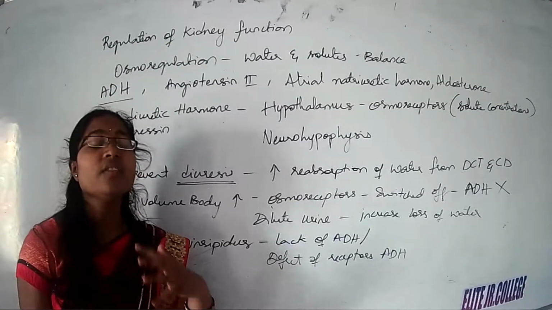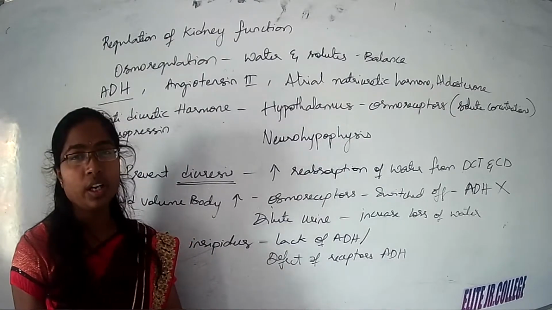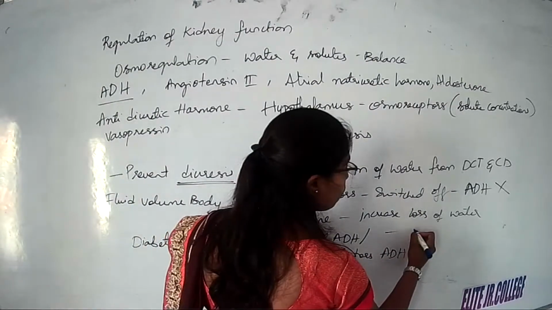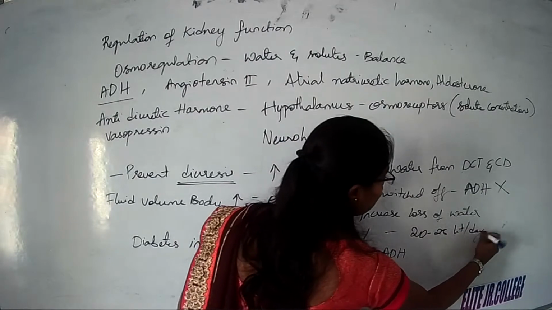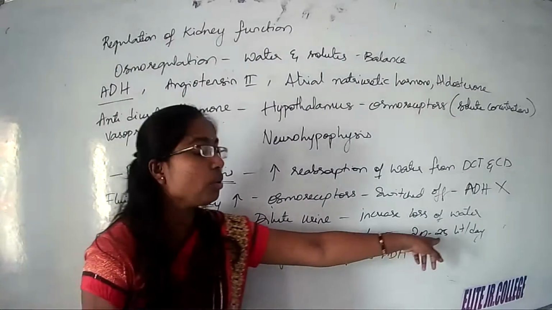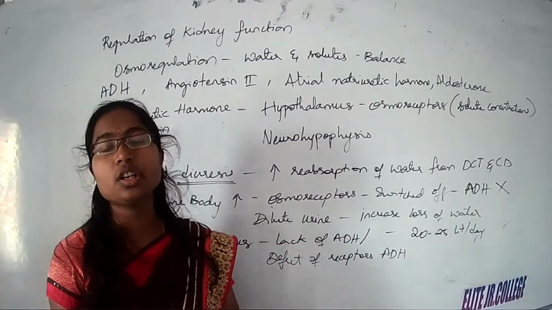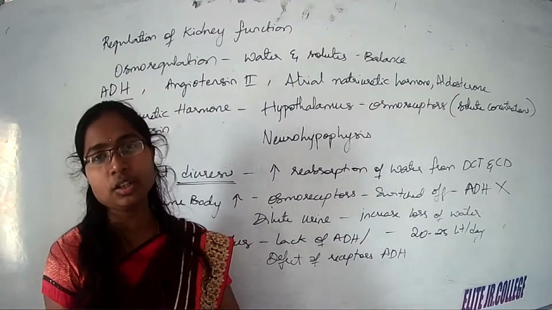In that person, there is increased loss of fluids from the body through the urine, going up to 20 to 25 liters of urine in a day. But a normal healthy individual is going to eliminate only 1 to 1.5 liters of urine in a day.